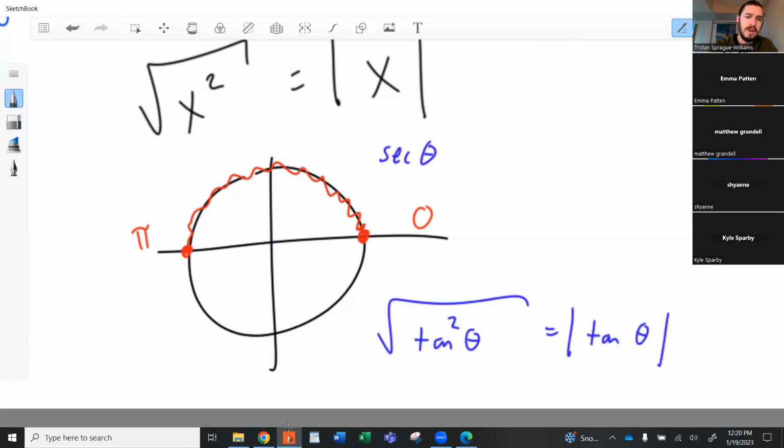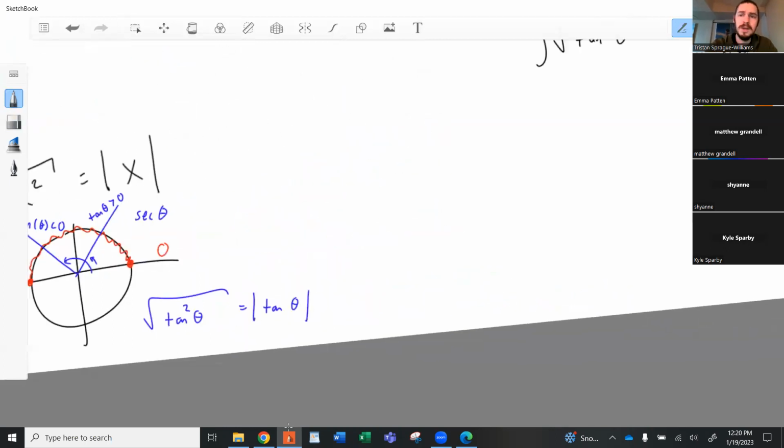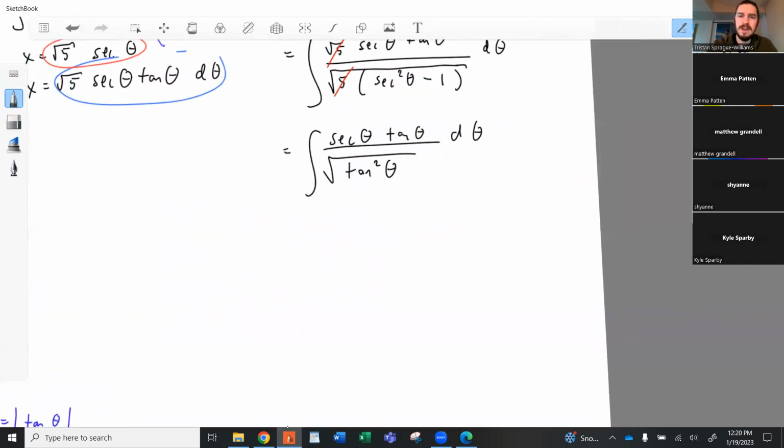Unfortunately, on this interval, some of the tangents are positive because the tangent of the angle, right, is the slope of the line that goes out at that angle. So the tangent of this angle here would be positive. But if you take an angle over here, that is a negative slope. So what we really want to do here is kind of break this into cases. This is where it gets annoying.